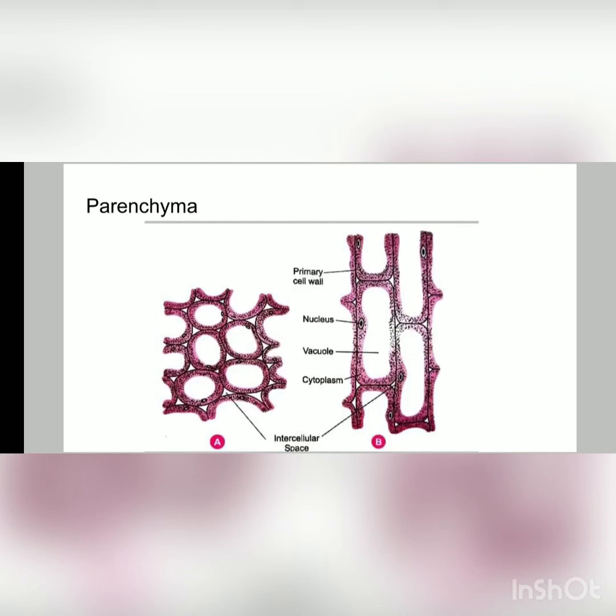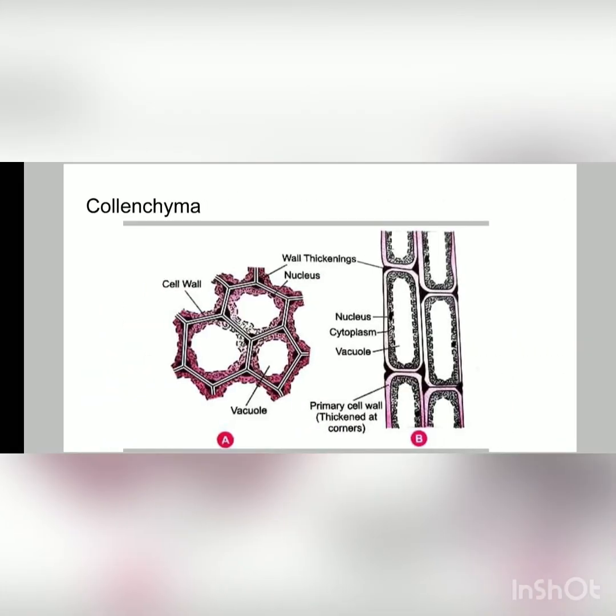So that is the structure of parenchymatous tissue. Next is collenchyma. You can see the structure of collenchyma in which corners are thickened. In the cell wall you can see thickening in the corners, and again A shows transverse section and B shows longitudinal section.